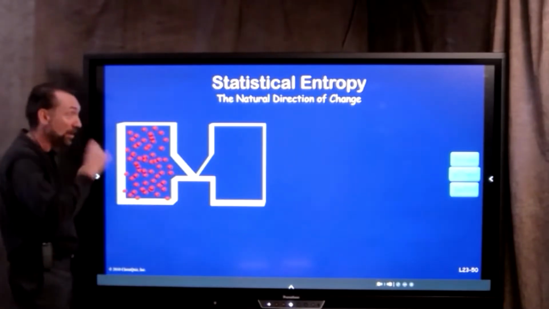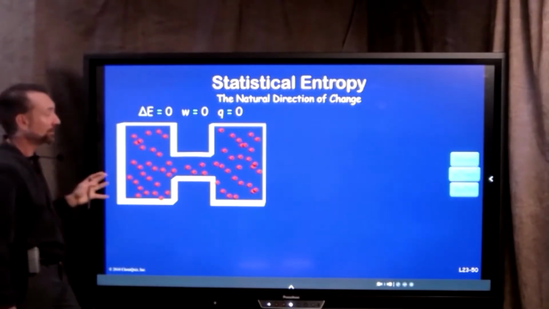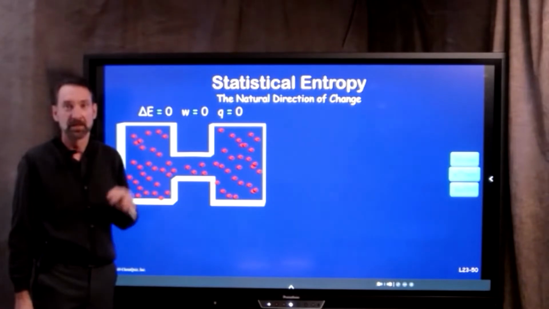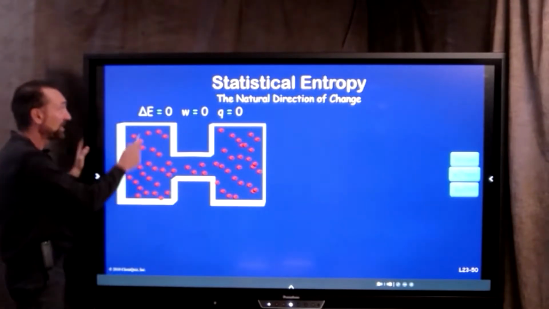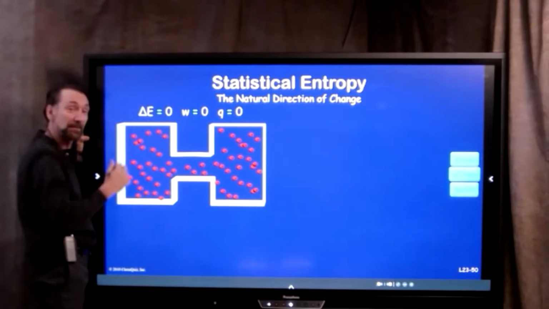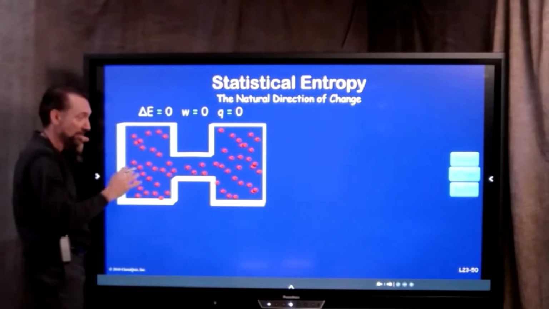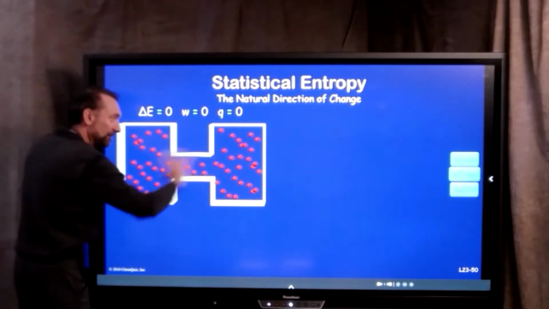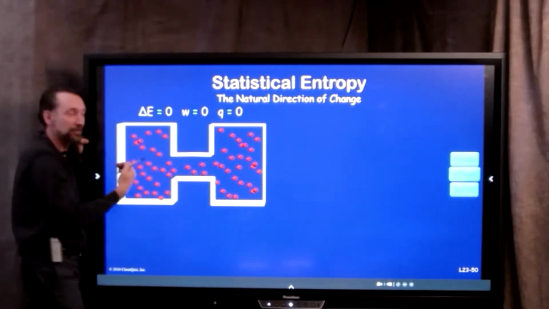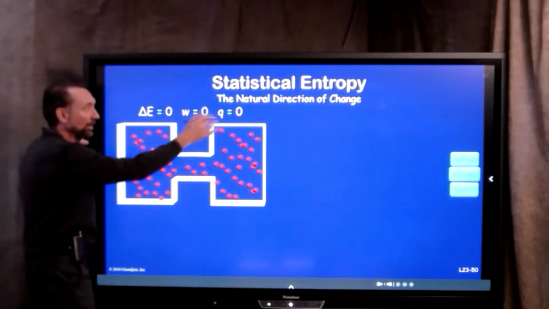I think you probably know that when I open the valve, those gas molecules will rush to the other side. This is even a more strange thermodynamic experiment from what we've done, because now there's no energy change. This system has the same energy as all of them on one side. So there's no favored state energetically. No work and no heat flow.